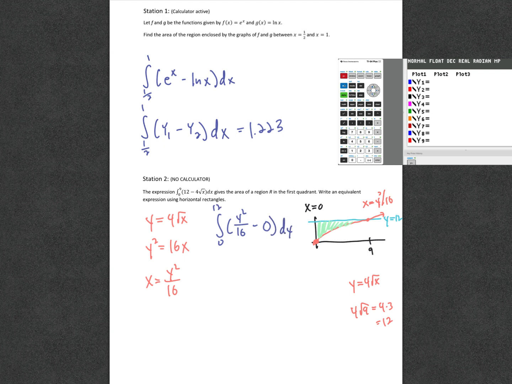All right, that's it. And then they say just write an equivalent expression using horizontal rectangles. So that would be it right there. That would be our final answer there.